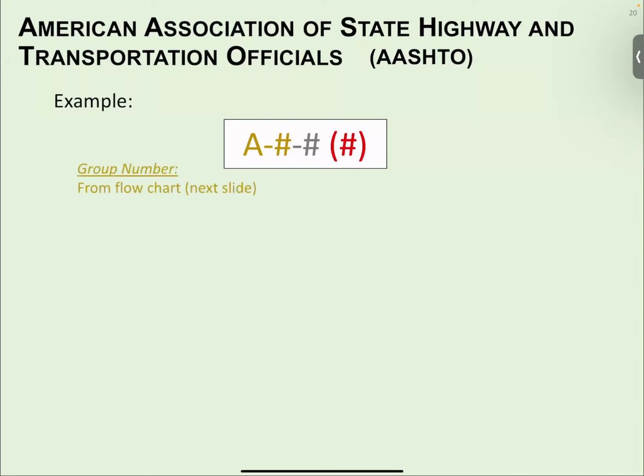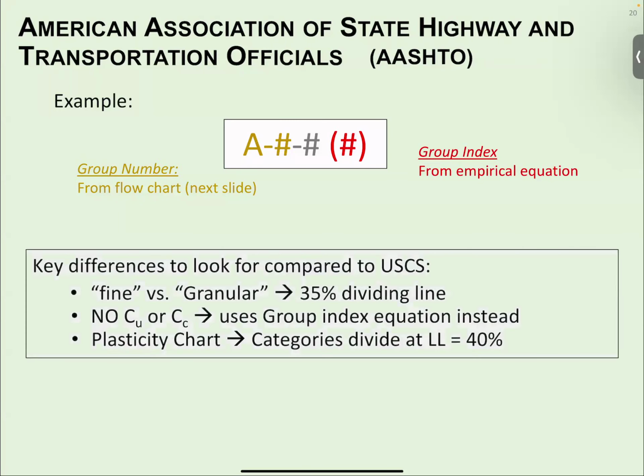The first one, shown in gold, is the group number. That's from the flow chart that we're going to talk about on the next slide. Then you would also have the subgroup, which is that gray number. That's not always used, but sometimes it needs to be used. This is similar to the SPSM or the SMSC, that kind of combination area.